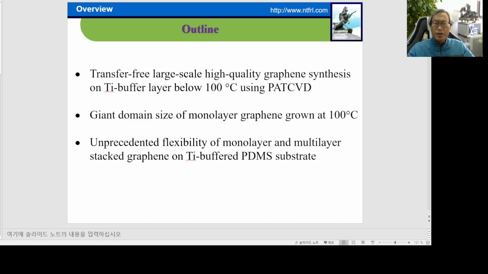Second, a giant domain size of monolayer graphene was achieved at 100 degrees C. Finally, I will describe the unprecedented flexibility of monolayer and multilayer stacked graphene.